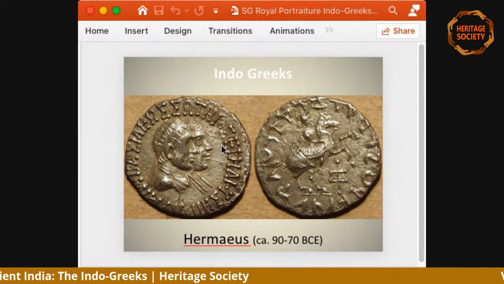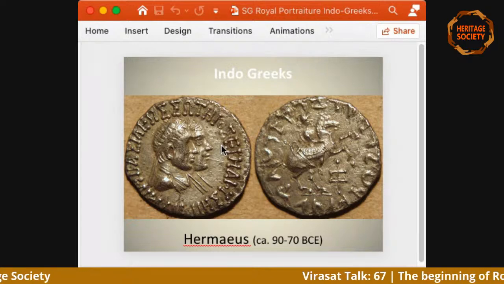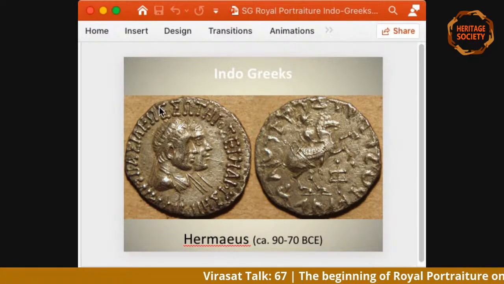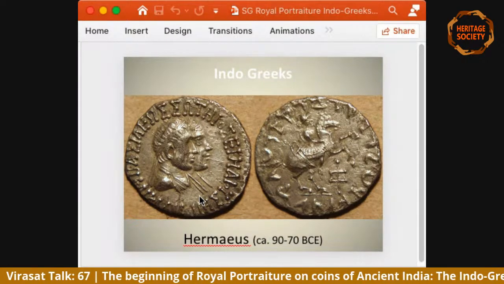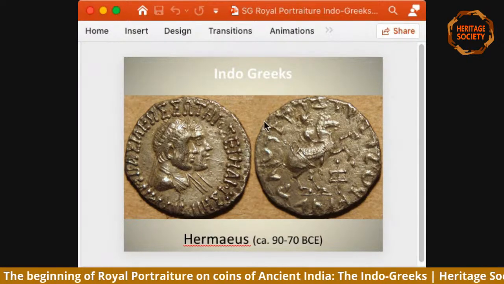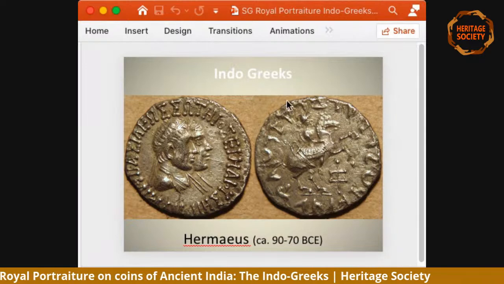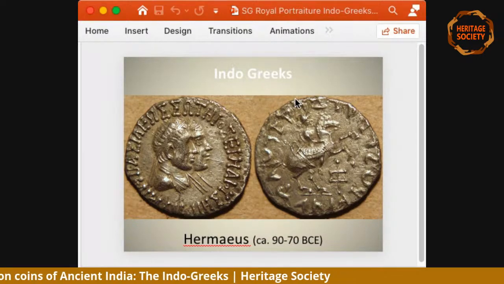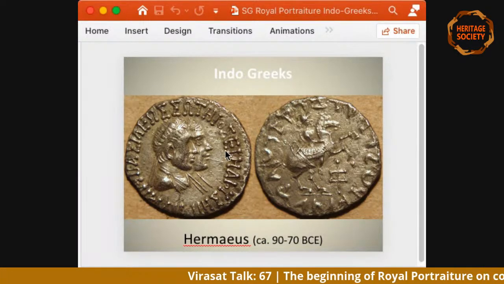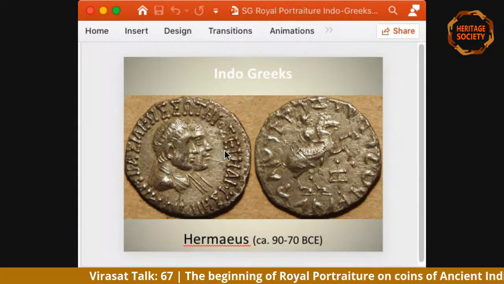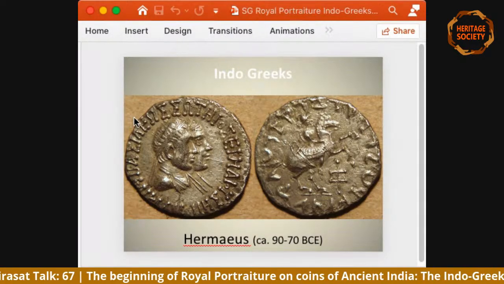The name of the queen was Calliope. The names of both king and queen are written in the Greek legend all around, and also in the Kharoshthi legend on the reverse. In Greek, it reads Basileos Soteros Hermaiou kai Kalliopes. So Kalliope was the name of the queen.